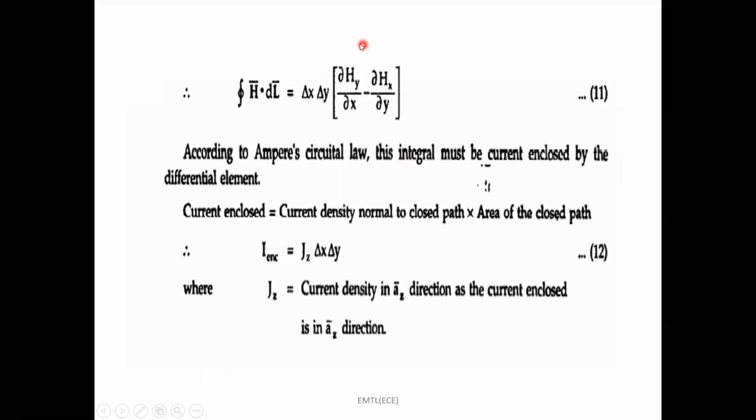By equating this with J z delta x delta y, and then cross multiplying, the integral of H bar dot dl bar divided by delta x into delta y is equivalent to J z.